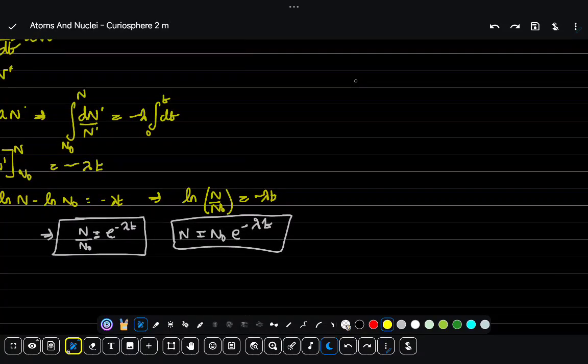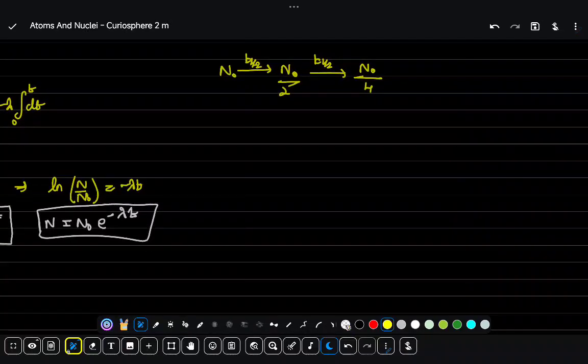First, after t half, n becomes n naught by 2. After another half life, it becomes n naught by 4. This becomes half, and again this also becomes half. After another half life, n naught by 16.